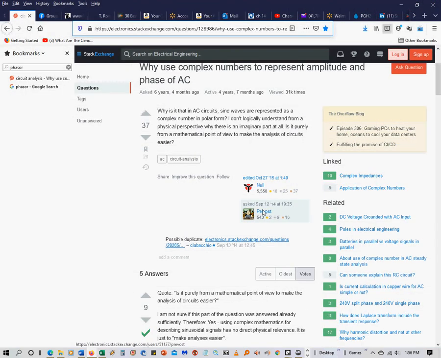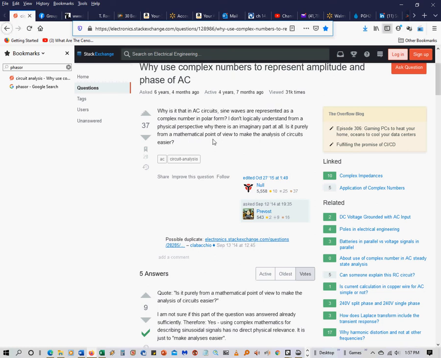And lastly, someone asked me at some point, why use complex numbers to represent amplitude and phase of AC waveforms? Why is it that in AC circuits sine waves are represented as a complex number in polar form? I don't logically understand from a physical perspective why there's an imaginary part at all.